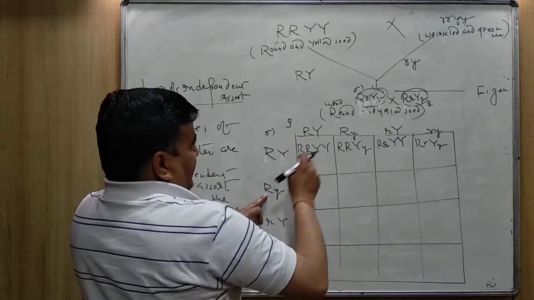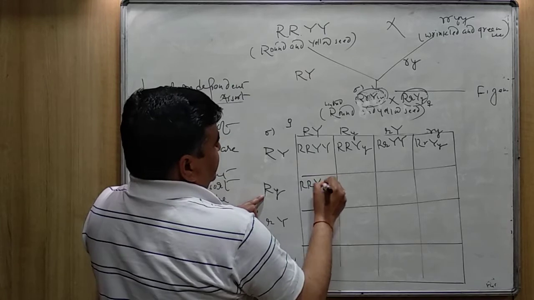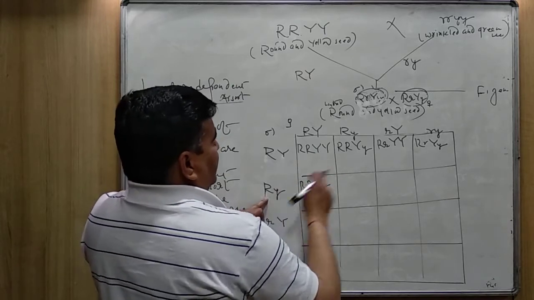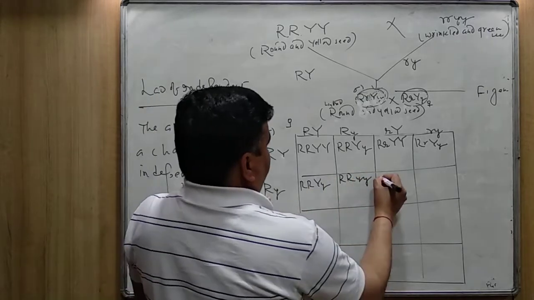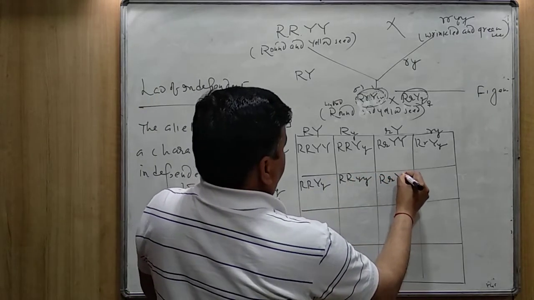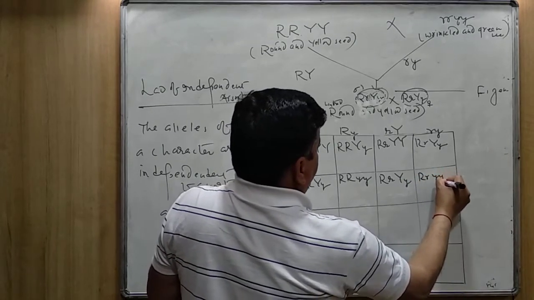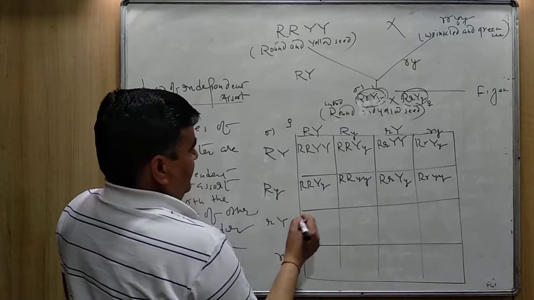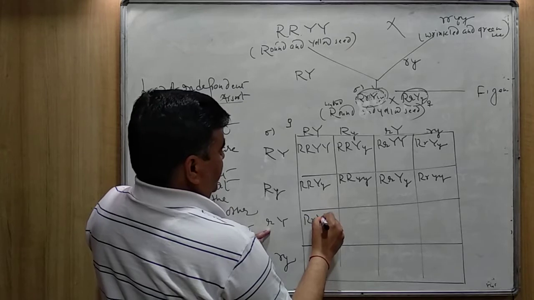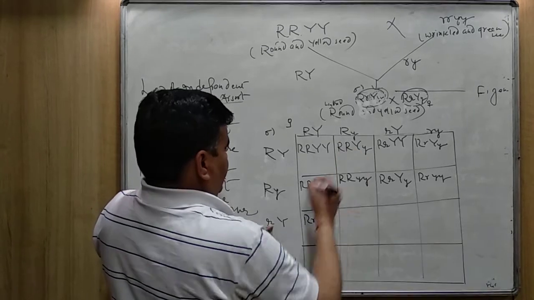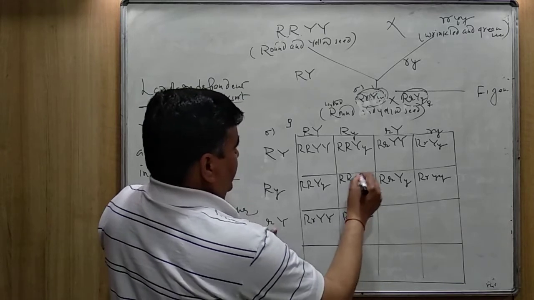Now you make the cross like this. Both the capital R, capital Y, small y. Dominant you will write before. Again R, Y. Then R, capital Y, small y. R, small y. This is small y. Capital R, small r, capital Y, capital R, small r, capital Y, small y.